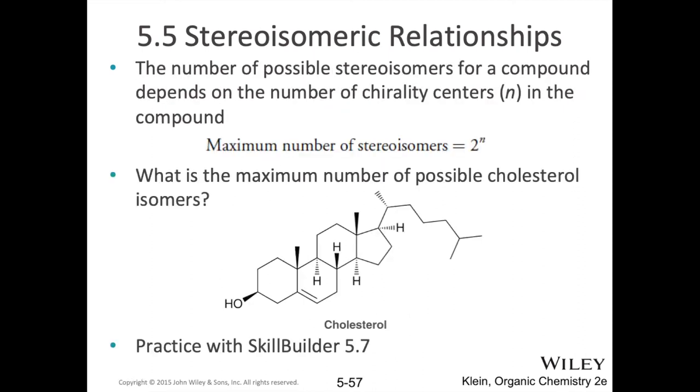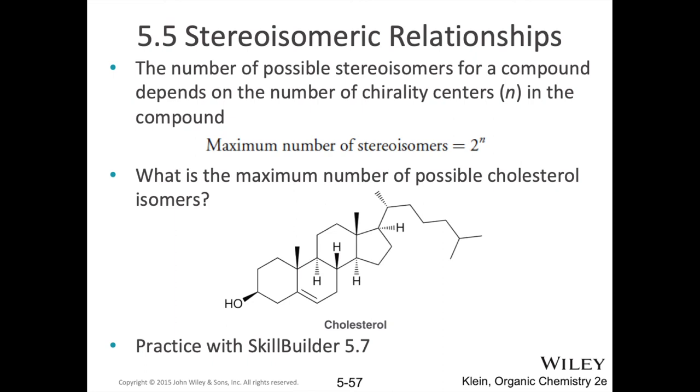So with that in mind, the key thing to realize with chiral centers is that you can have two possibilities, right? R or S. With the number of chiral centers, you then increase the number of possible stereoisomers you can make. That being said, if you do a calculation using 2 to the power of n, where n is your number of chiral centers, please note that's the maximum number of stereoisomers.